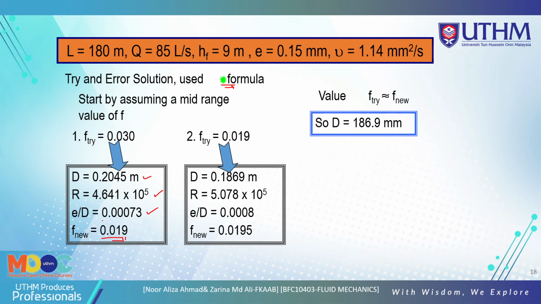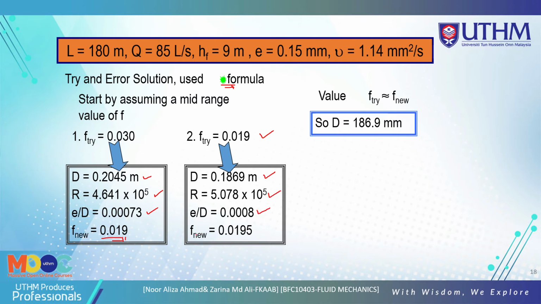After you get the F new, you must use it as trial 2, the second trial. At the second trial you use the F 0.019 based on the F new from the first trial, and then find the D again. You get the D, the Reynolds number, and the new E over D.